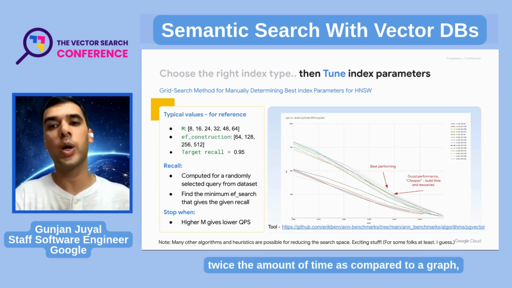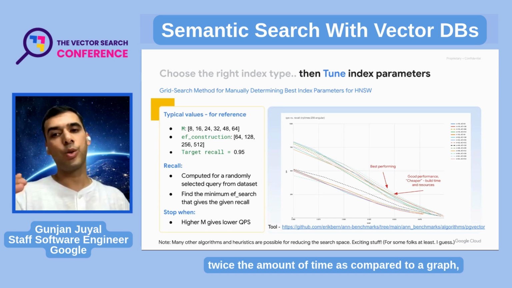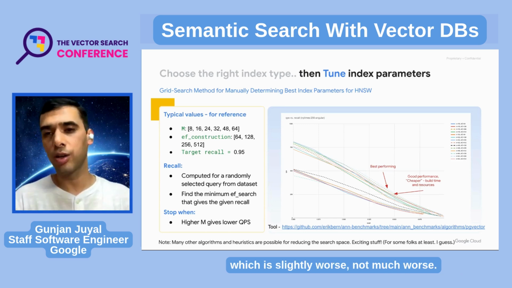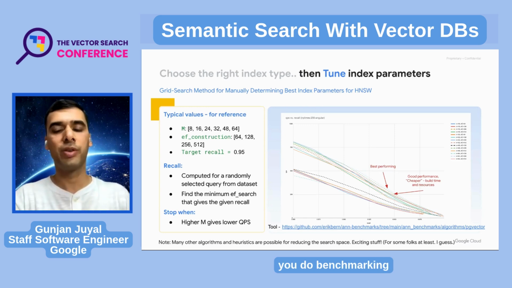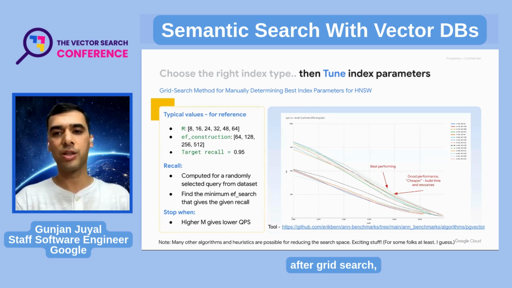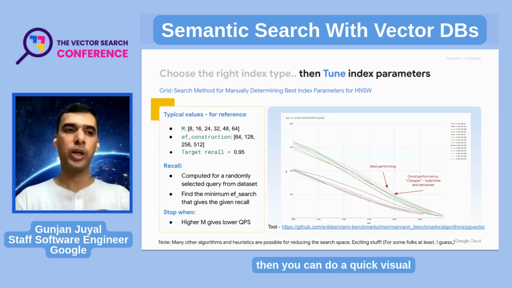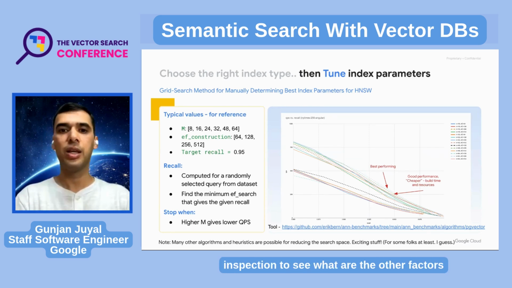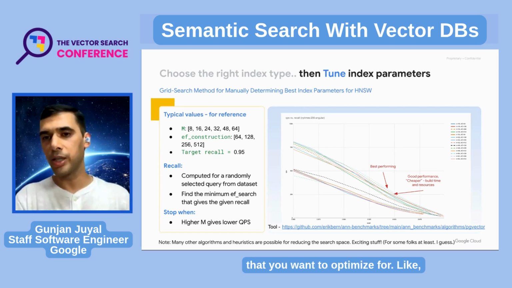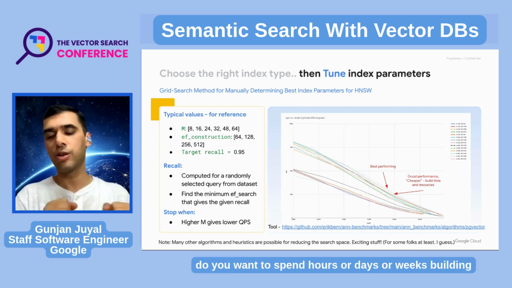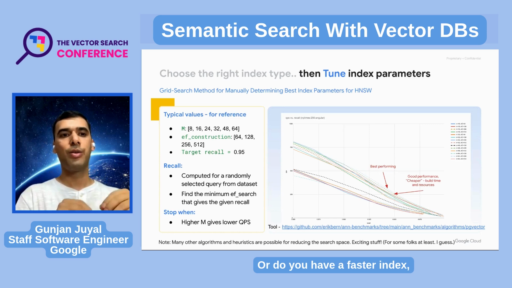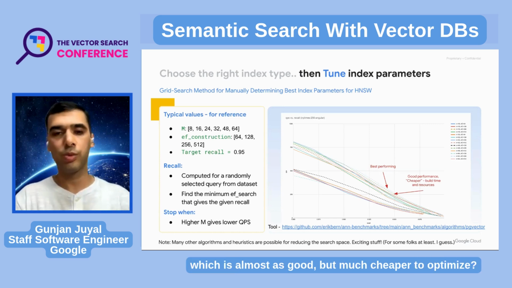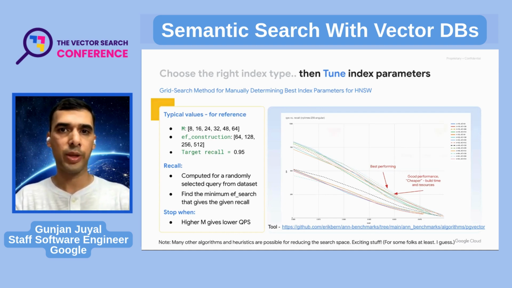At times, for example, twice the amount of time as compared to a graph which is slightly worse, not much worse. So when you do your benchmarking after grid search, you can do a quick visual inspection to see what other factors you want to optimize for. Like, do you want to spend hours or days or weeks building the ideal index, or do you have a faster index which is almost as good but much cheaper to iterate on and improve over time?